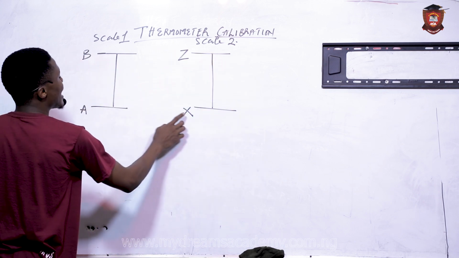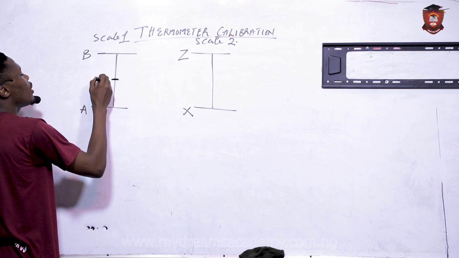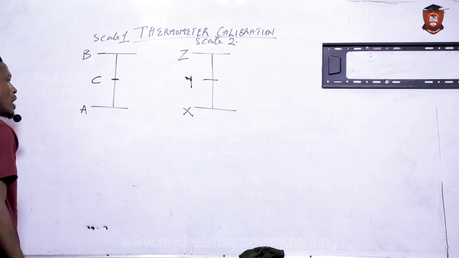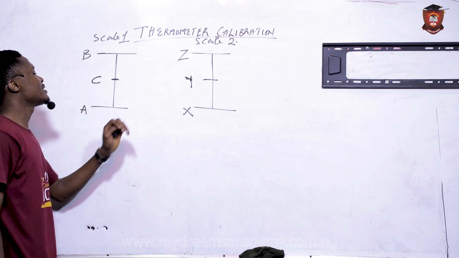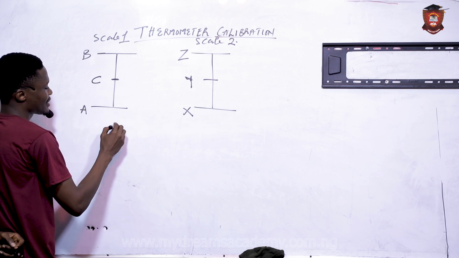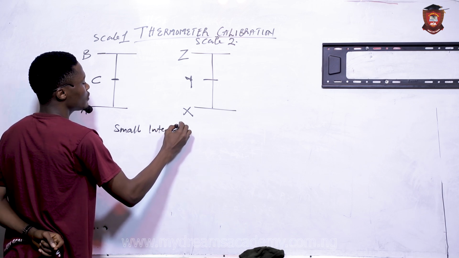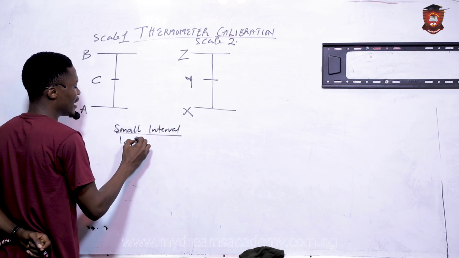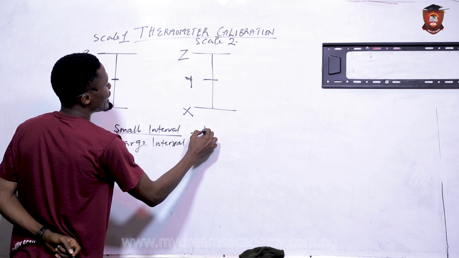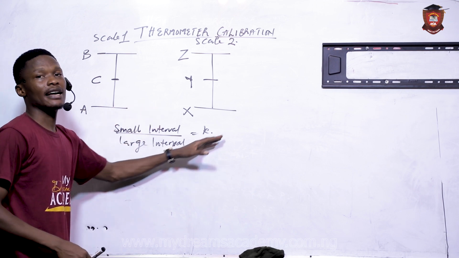Now, A and X are equivalent, B and Z are equivalent. Then we can now compare C and Y. For us to be able to do this, all we need to do is use the ratio: small interval divided by large interval is a constant.